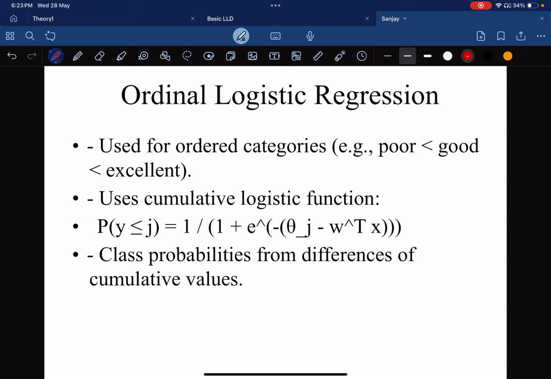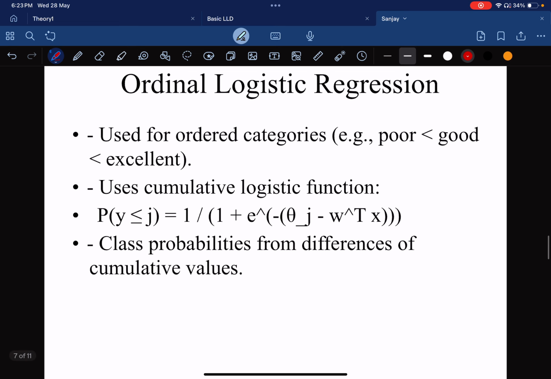Unlike the other types, it uses the cumulative logistic function. Binomial logistic regression uses the sigmoid function, and multinomial uses the softmax function. But ordinal logistic regression uses only one regression equation. For example, say there are n classes.